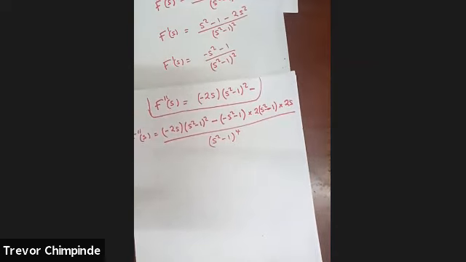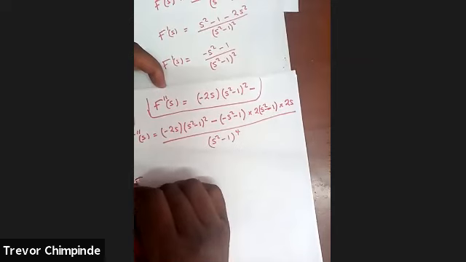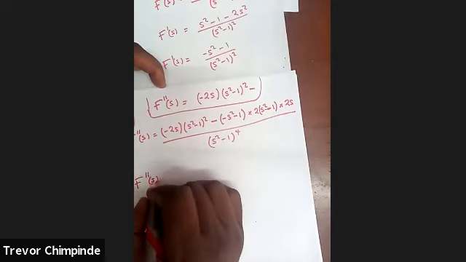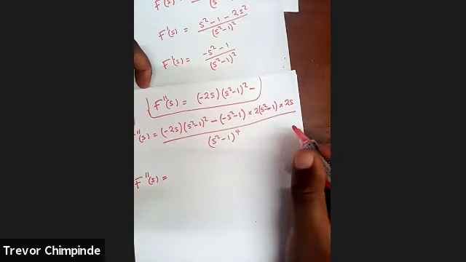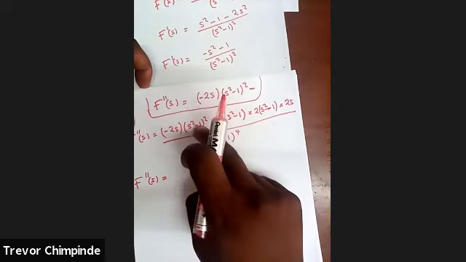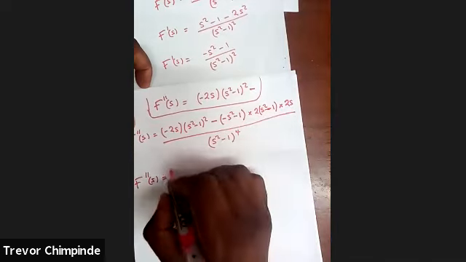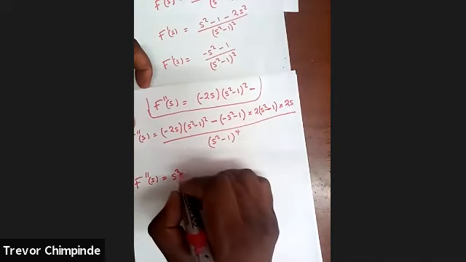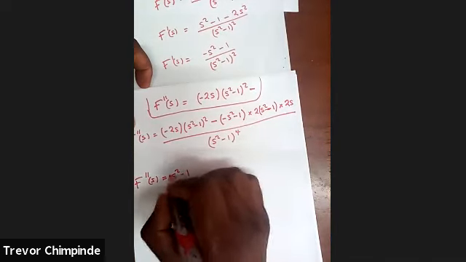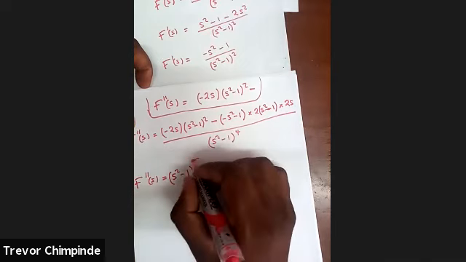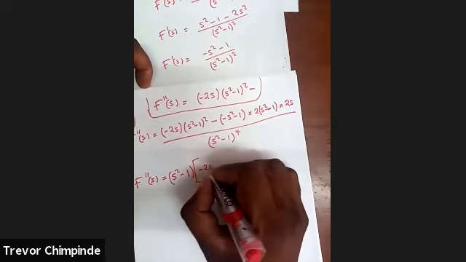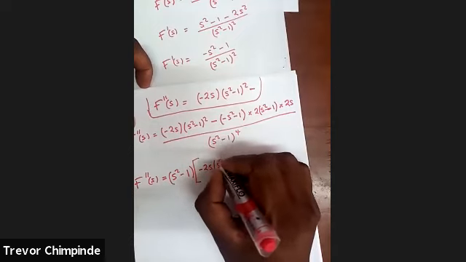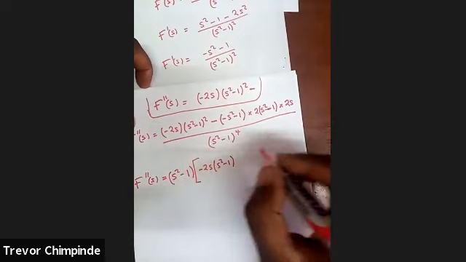Okay. And so we can just simplify things. Let's just simplify things. So what can we do? We have s squared minus 1 here, s squared minus 1. So I think we can factorize. So it's s squared minus 1. Factorizing, what do I remain with here? I remain with minus 2s, then s squared minus 1.